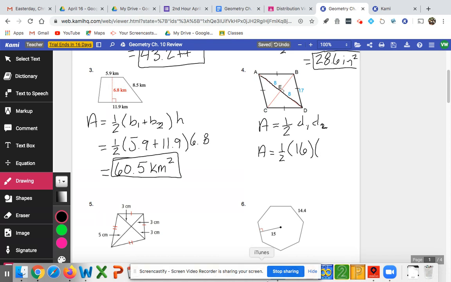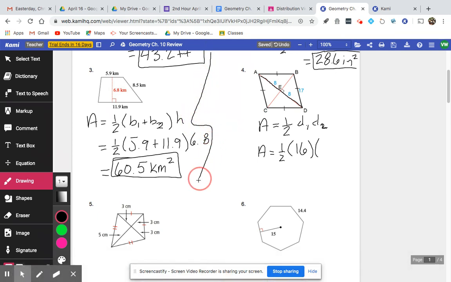We're going to use the Pythagorean theorem in order to help us find the second diagonal. And so remember, that is a squared plus b squared equals c squared.